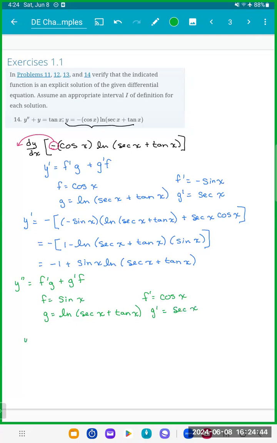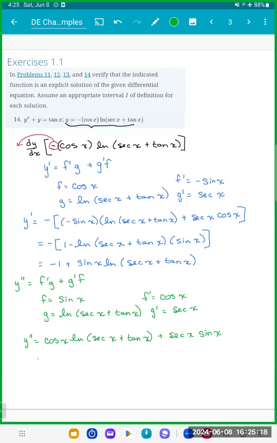So when I put that together to do my second derivative, then I have cosine of x ln secant of x plus the tangent of x plus the secant of x times sine of x. Remember, secant is 1 over cosine. So that would give me 1 over cosine times sine, which is sine over cosine, which is the same as tangent.